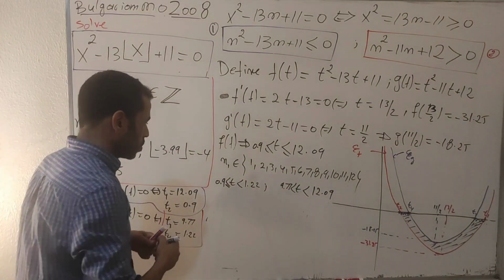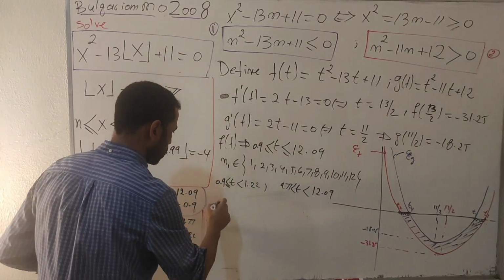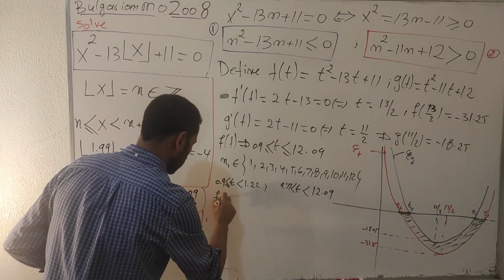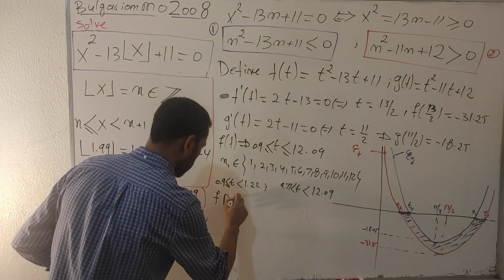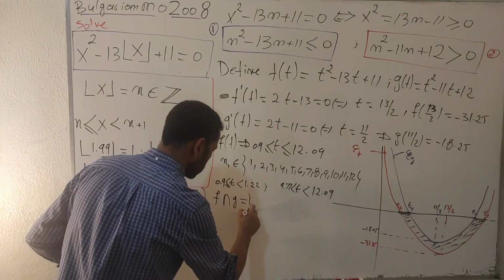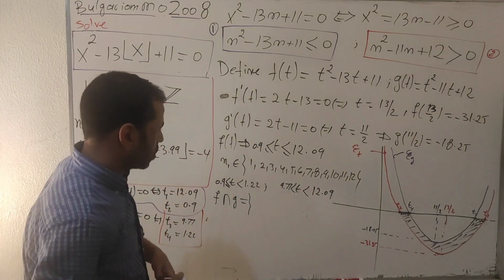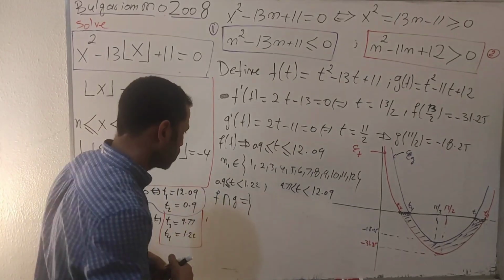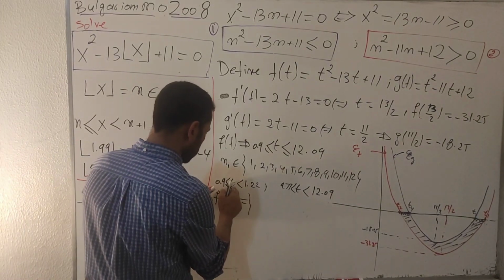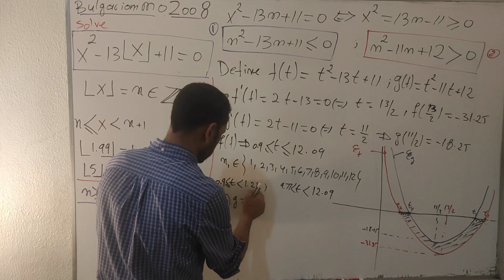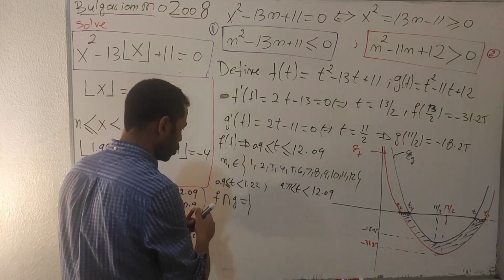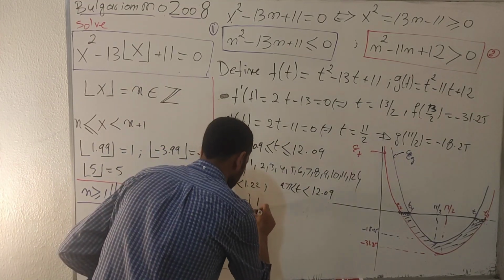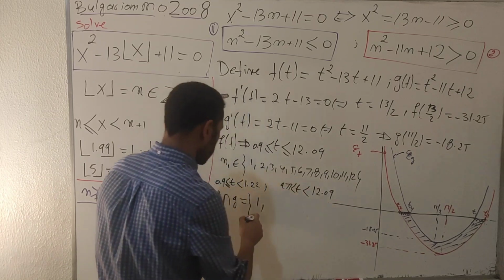Okay, so the solutions for this inequality, the intersection of f and g, is given as the following. Since we are dealing with integer numbers, we know t is between 0.9 and 1.22. So since n is an integer, the solution I will have is number 1 for this one.